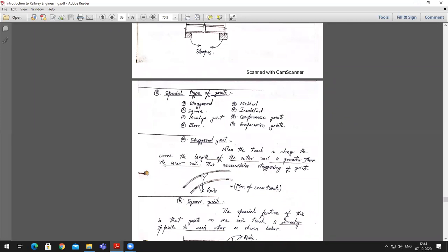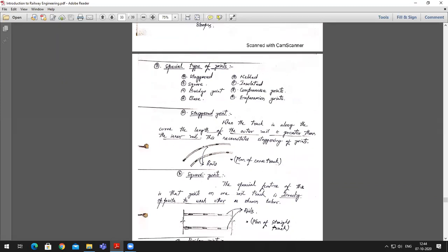So you can see the joints are in staggered fashion. Usually in the curved section this kind of situation is observed. This is to necessitate the strengthening of the system and maintaining the stability of the system. So this is what we call the staggered joint type.